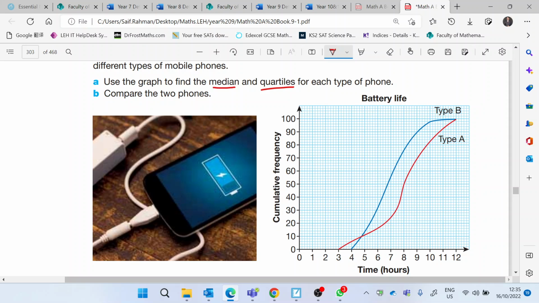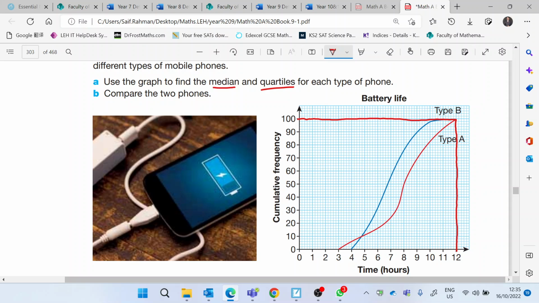Time in hours. First we have to see the cumulative maximum frequency in hours, and it is at 12, right?